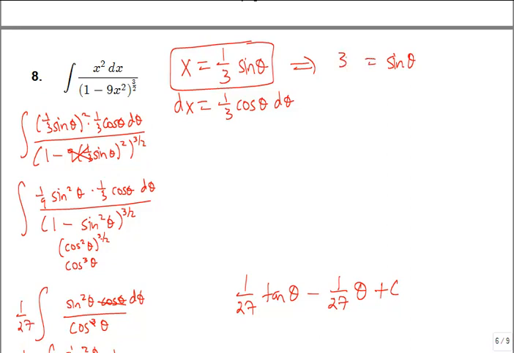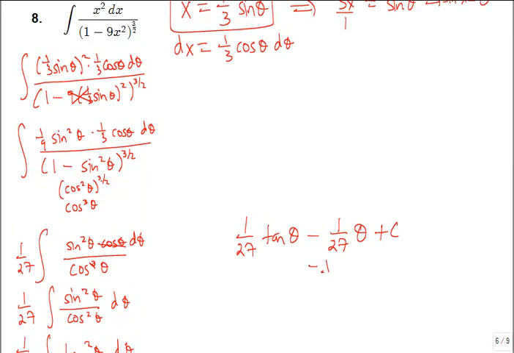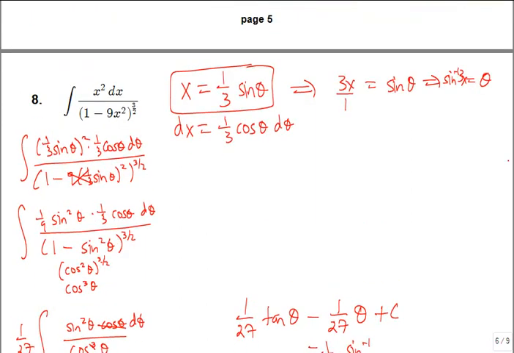So that's going to make this a 3x on the left side. And you can turn that into a fraction by dividing by 1 if you need to. We do need to know what just theta is. So we can get that from here. To solve this for just a theta, you take an inverse sine of that left side. So theta right here will be inverse sine of 3x.